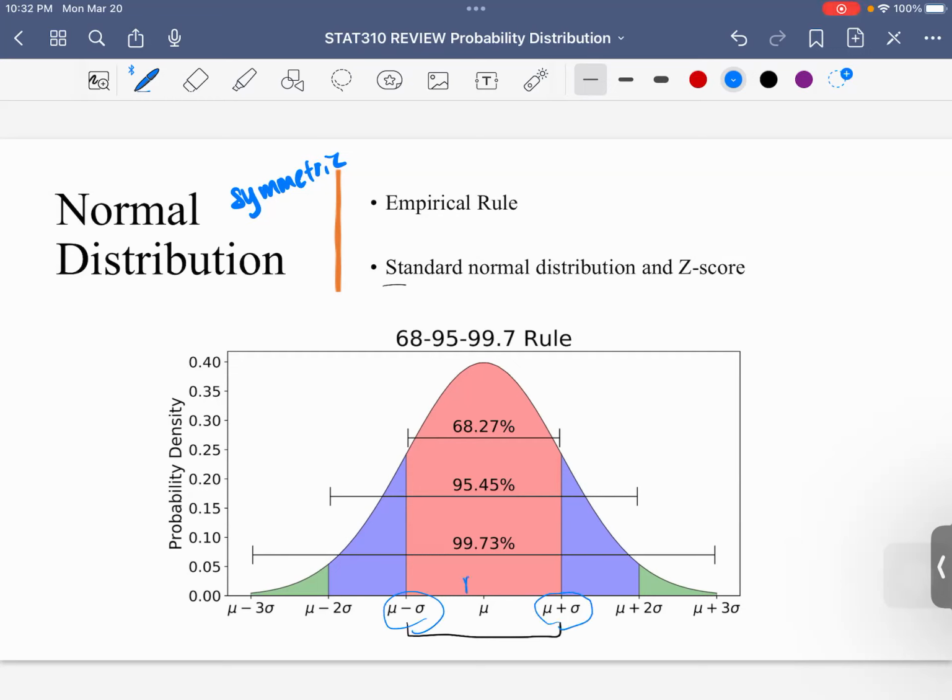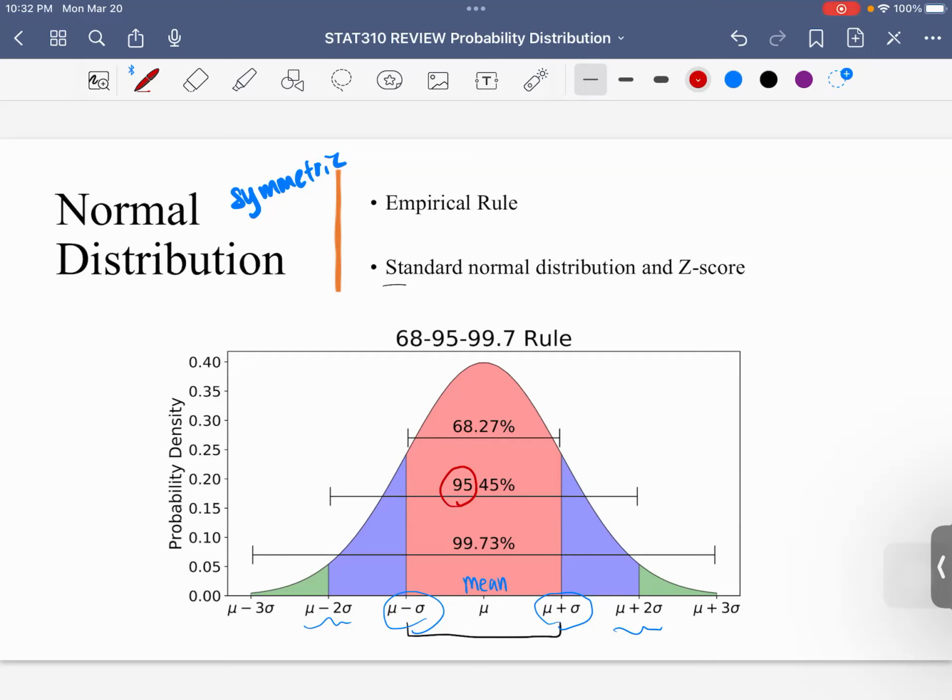Mu is the mean, as we learned. And if you go to 2 sigma, which is mu minus 2 sigma to mu plus 2 sigma, you will get a probability of around 95%. This is important because we are going to use this later.